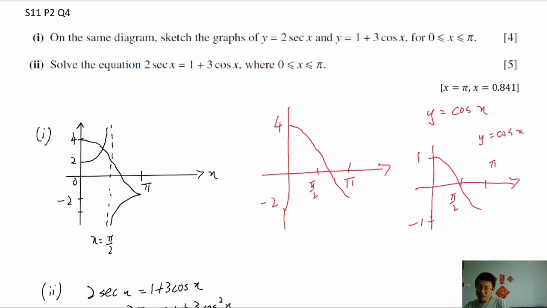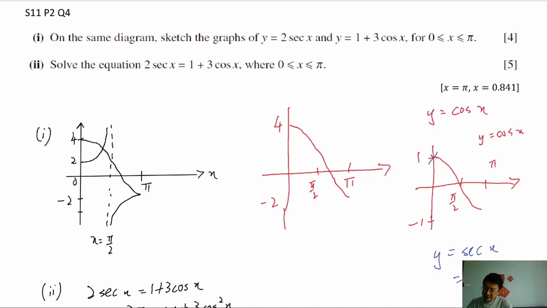Imagine now we want to find the value for 1 over cos x, which is secant. Let me use another color. So y equals secant x, which in this case is 1 over cos x. For this, we take 1 over those values that we have along the curve that we already sketched in the cos graph. There are two obvious values.